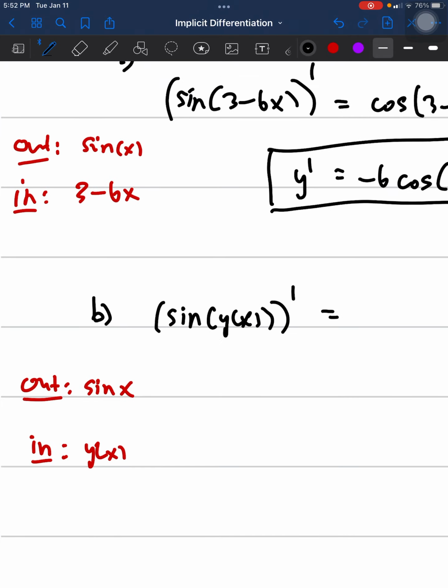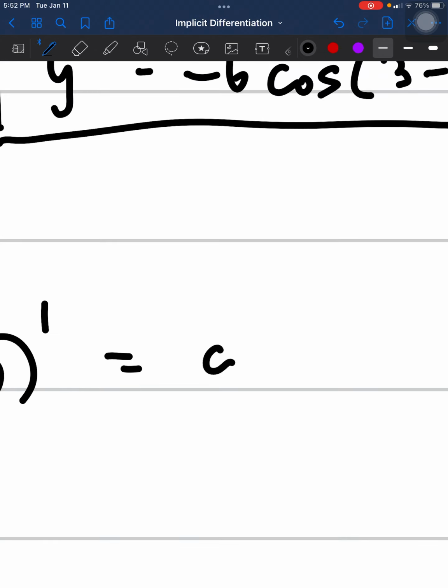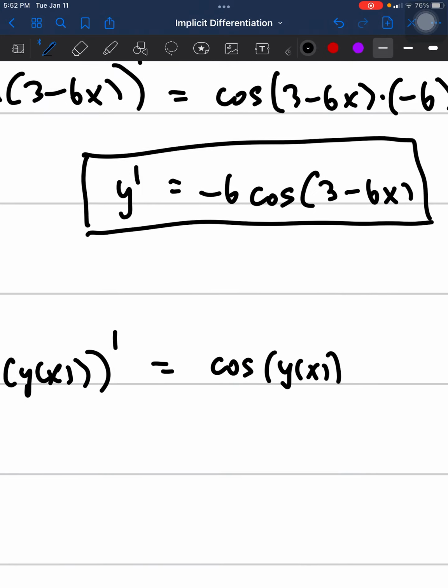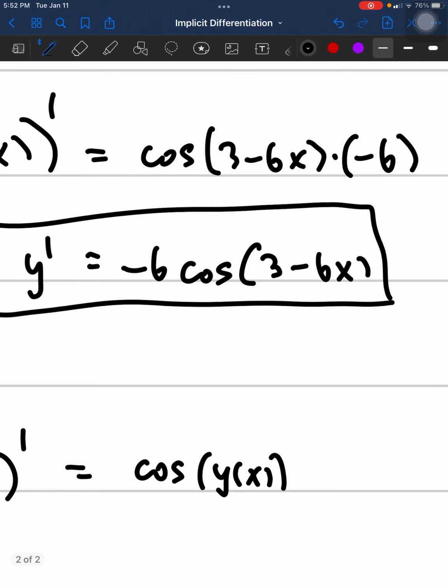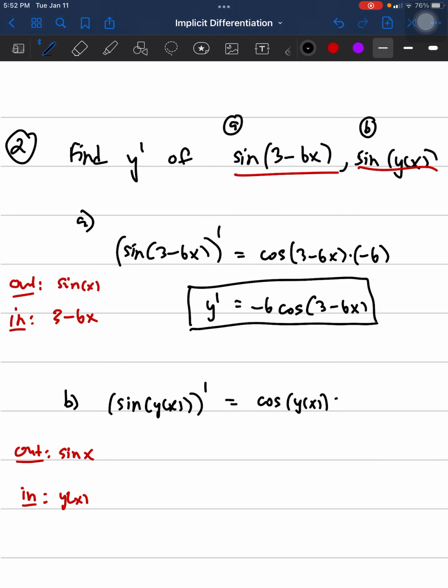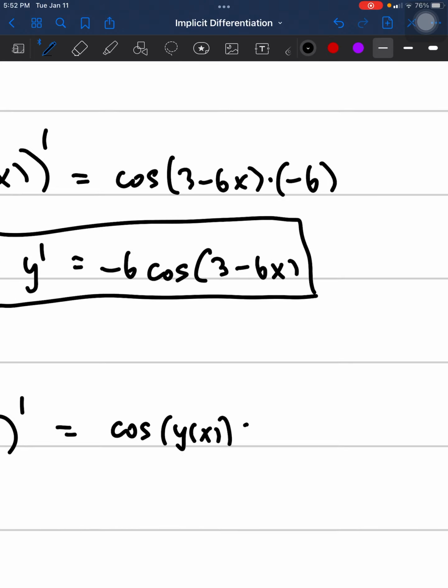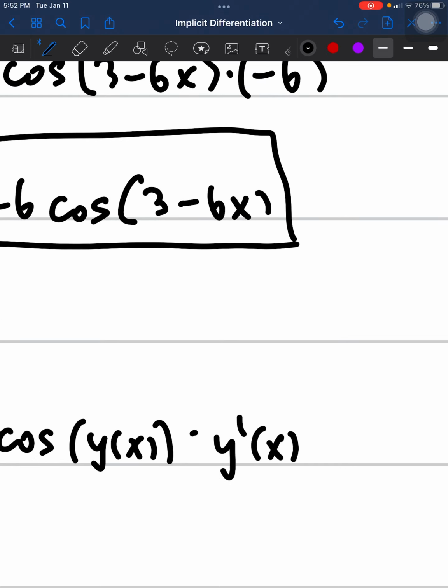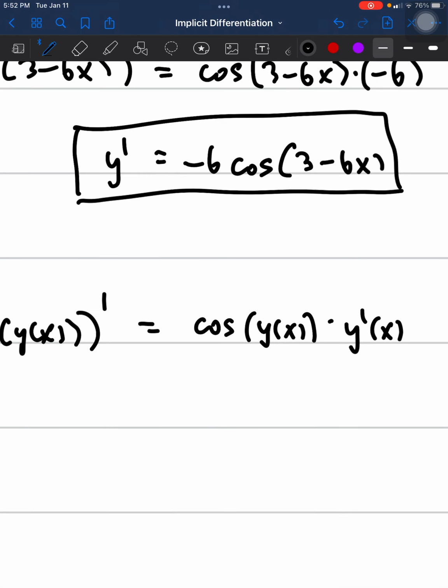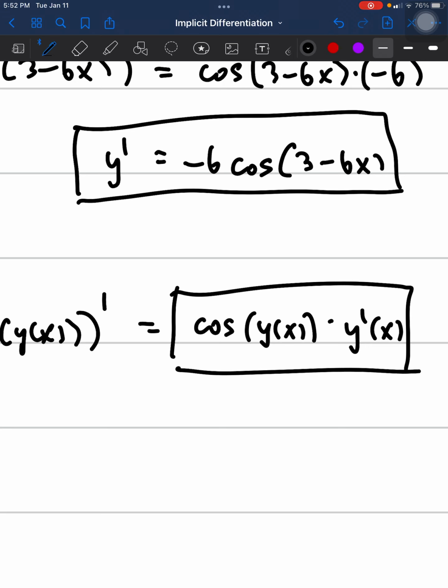When we differentiate this, the derivative of sine is cosine of y of x, right? We kept the parentheses the same, and then times the derivative of the inside function. The derivative of the inside function is just y prime of x, and this is our final derivative for part B.